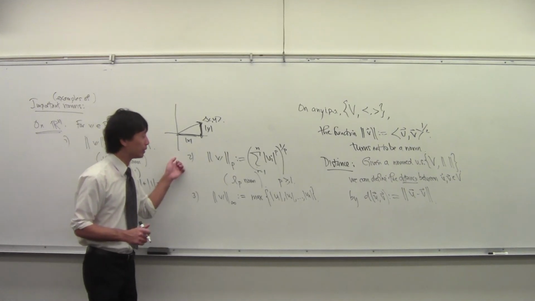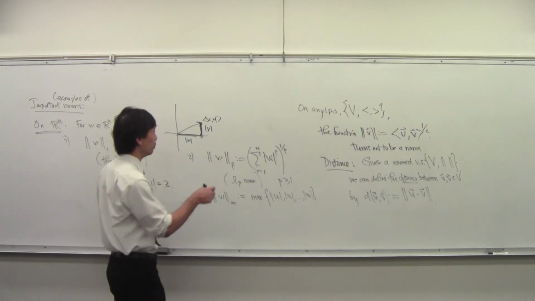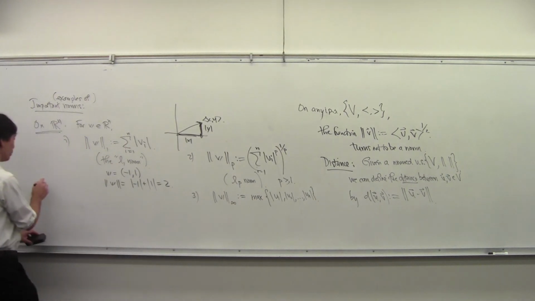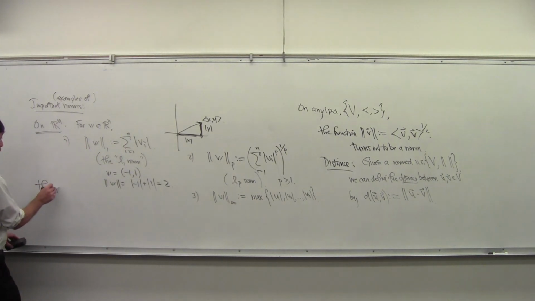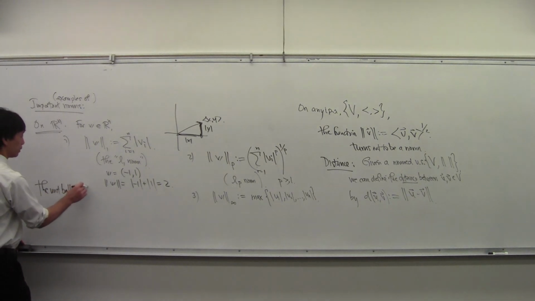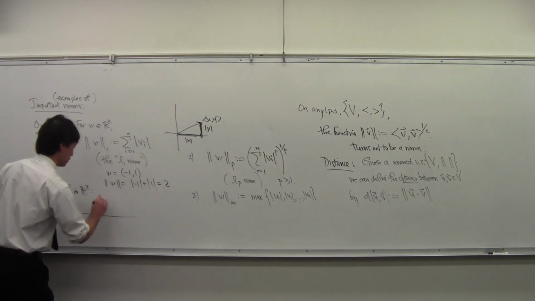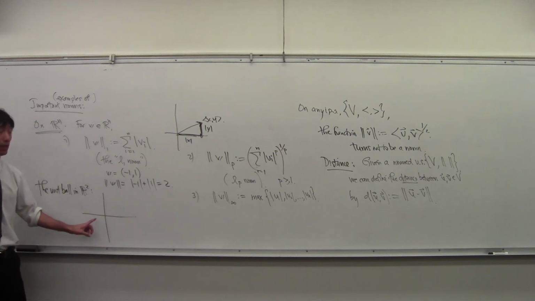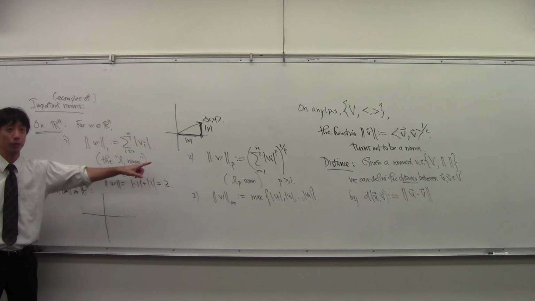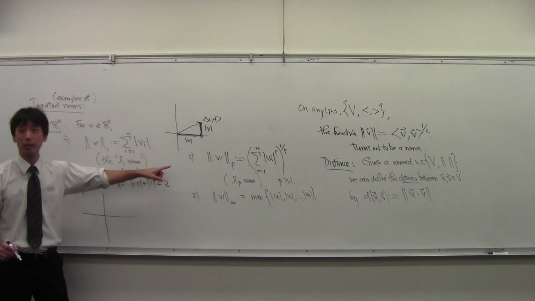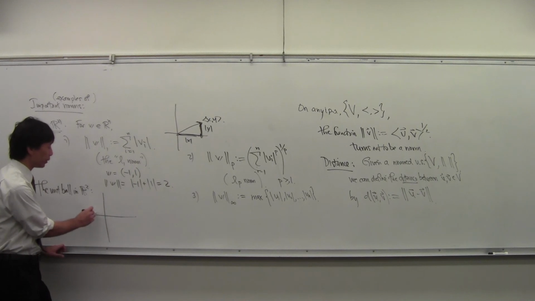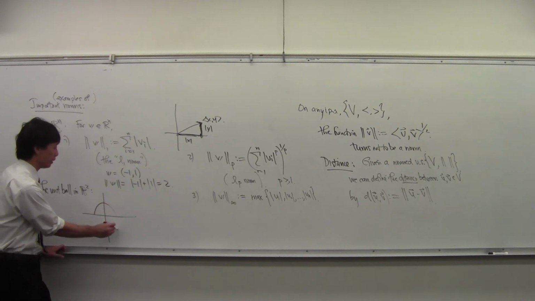Okay, let me end with something that's kind of fun. What's the unit ball? So the unit ball in R2. So if we think about our usual Euclidean norm, the L2 norm, well, the guys who are distance 0 from the origin, you know what they look like, right?